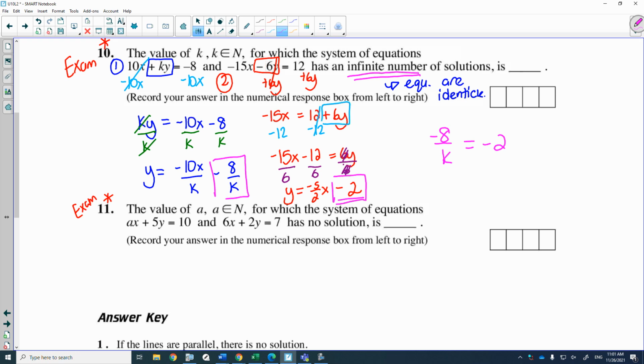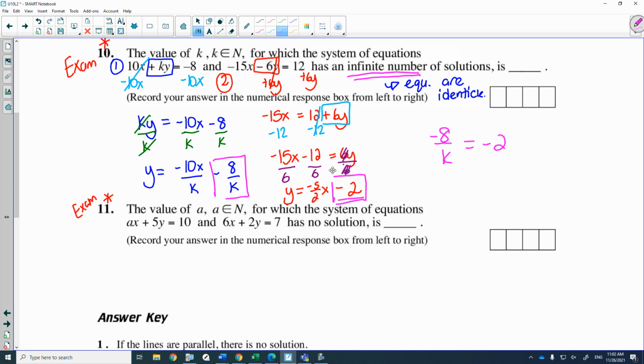You want to isolate k. It is being divided by k, so multiply both sides by k. Okay, sorry about that.